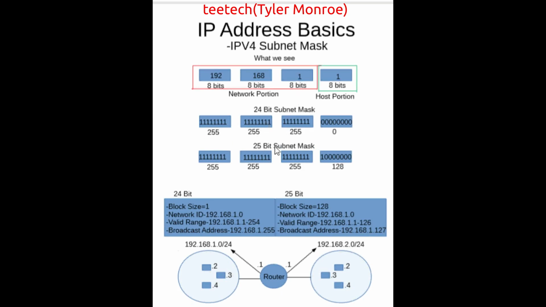But if we start with this mask and borrow a bit, it's 25 now, because 25 bits are in the subnet mask. Our mask is now 255.255.255.128, and of course it's that because we add the bit value in. That is 128 there, and that changes things a little bit.